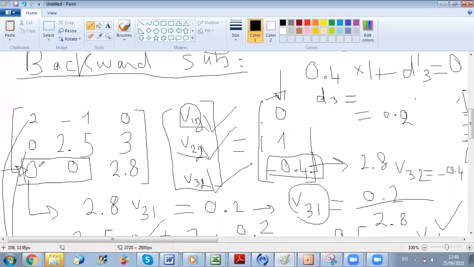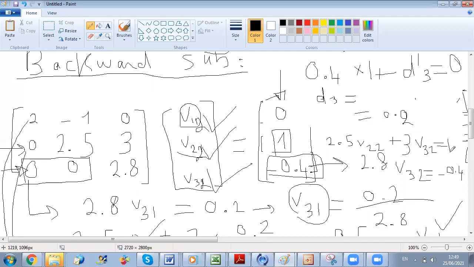Once I'm done with v32, I move to the second equation. The second equation will give me 2.5 v22 plus 3 v32, okay, is equal to 1.